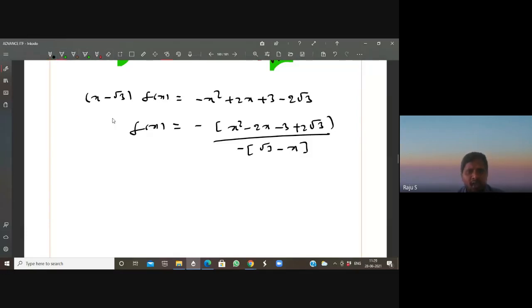Student, they are asking f of root 3. What is the f of root 3 value? Anyone can say that answer. When I substitute root 3, the denominator becomes 0. What is the numerator when I substitute root 3?